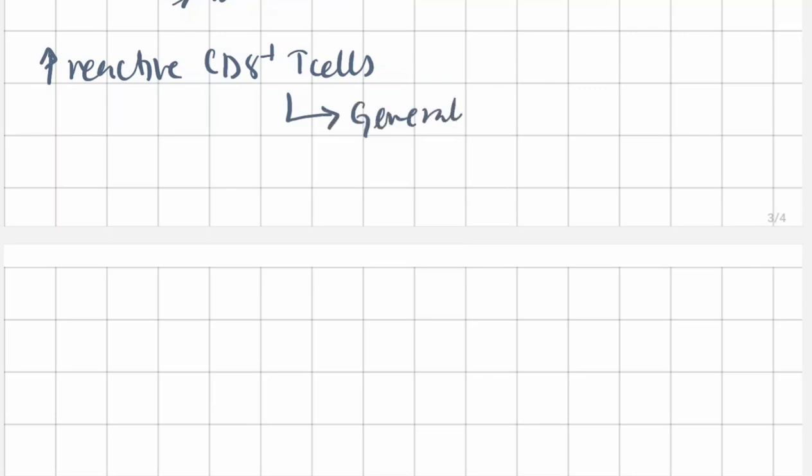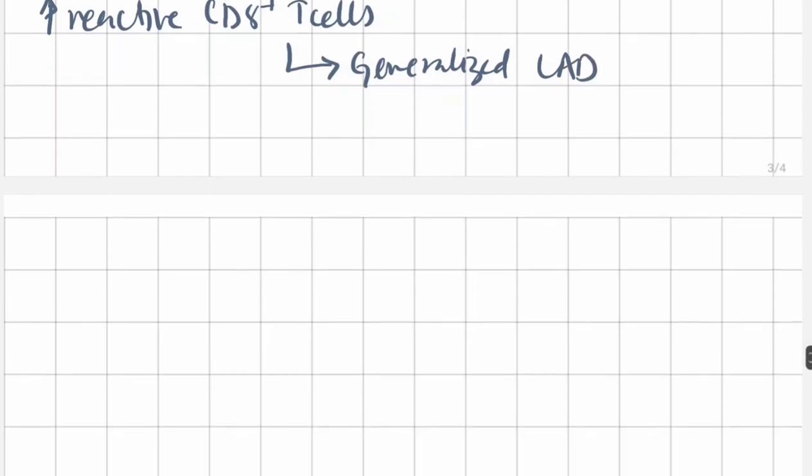Now, this leukocytosis is going to increase reactive CD8 T cells. Because of this, it is going to cause generalized lymphadenopathy, because of T cell hyperplasia in the lymph node paracortex, right?